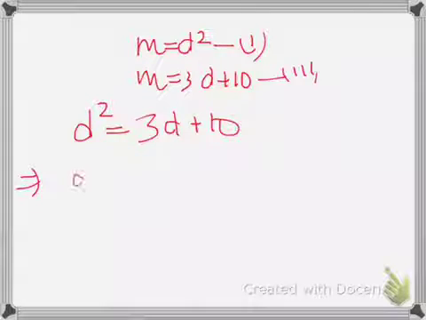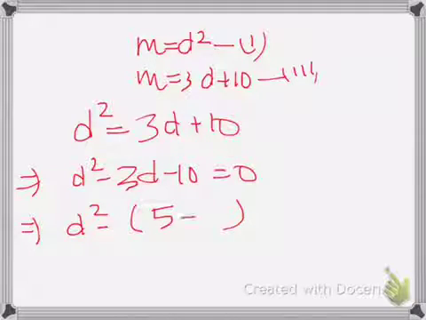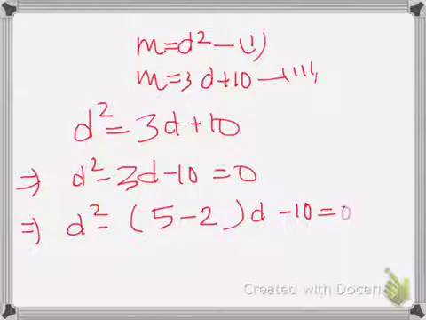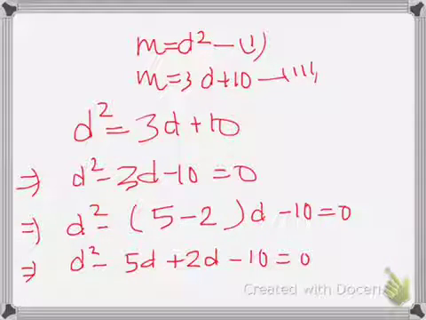This implies d squared minus 3d minus 10 equals 0, and we can break 3 as 5 minus 2, so d squared minus 5d plus 2d minus 10 equals 0.